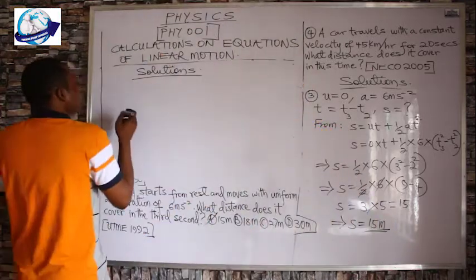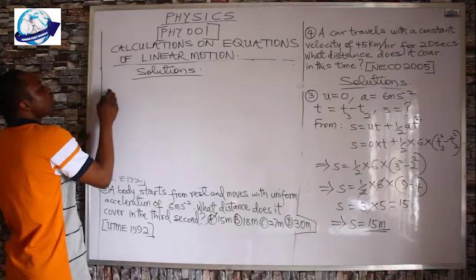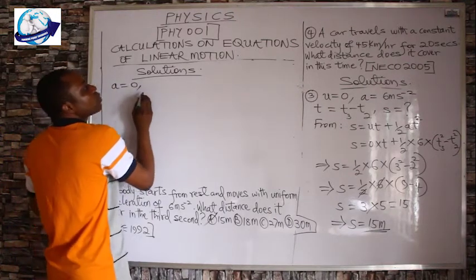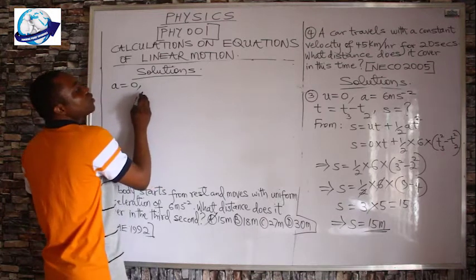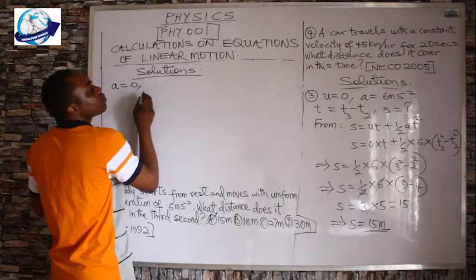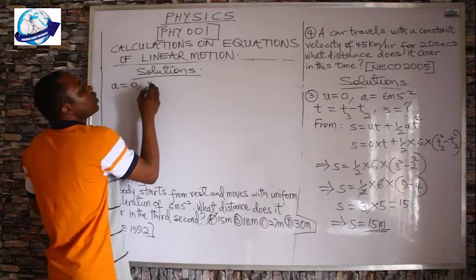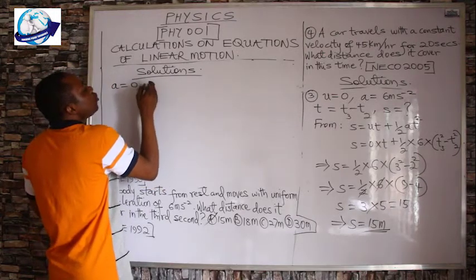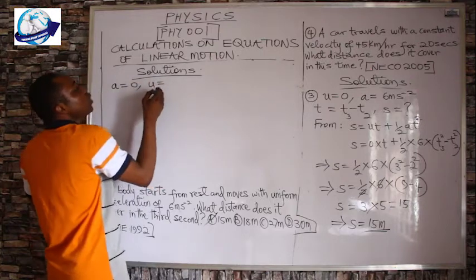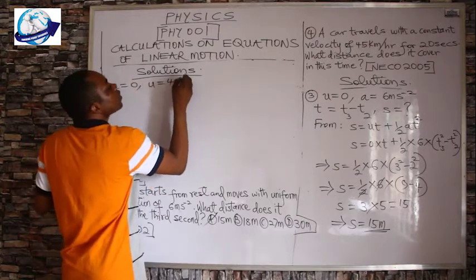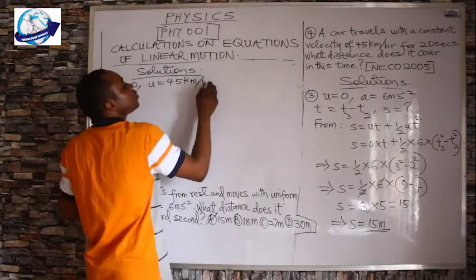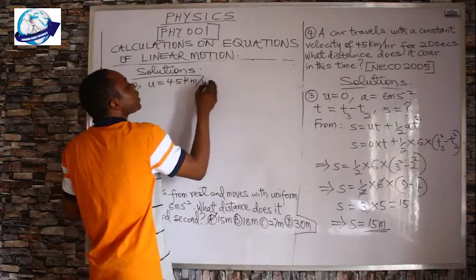Now, what we need to do right here is to write the parameters. Our a is equal to 0, acceleration. Then what about the velocity here? Constant velocity. And what's the velocity? Velocity v, we can say that's the initial velocity. Let's say v, or we can say u, is equal to what? To 45 kilometers per hour. Change it to meter per second. You're going to have something like this.